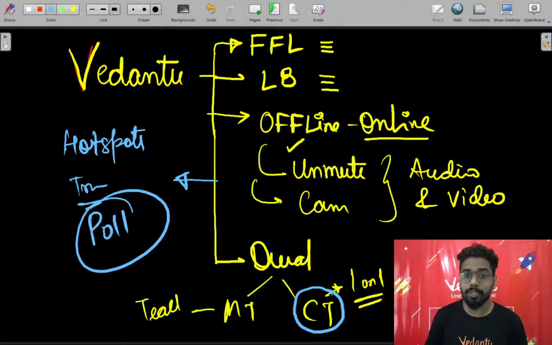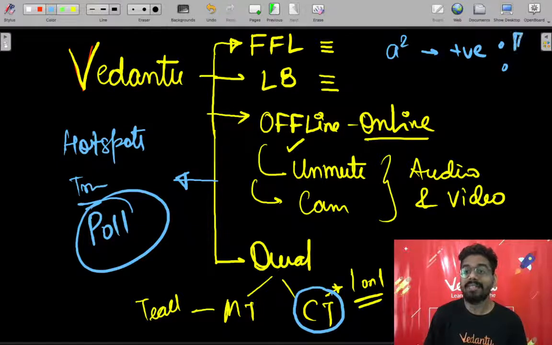For example, मैंने पूछा कि let's say a square is, for example, positive. How many people will support it? I will create a poll, and this is how we can have this kind of engagement also in a small question apart from the quiz. So these are some of the features that we can have on the Vedantu platform apart from the basic one.